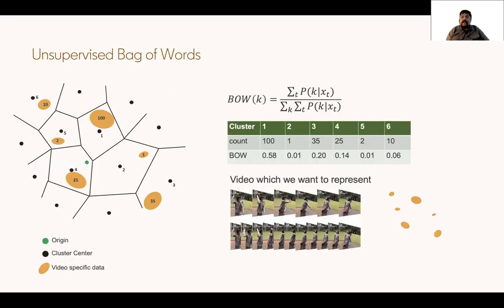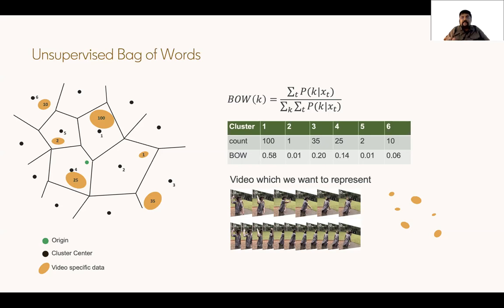Now, when we have the frame embedding, how do we combine the different frame embeddings to create a video level embedding? The first and the easiest idea that we can use is borrowed from NLP and it's called bag of words. Let's assume a use case where you take frames from a video and cluster them using k-means.